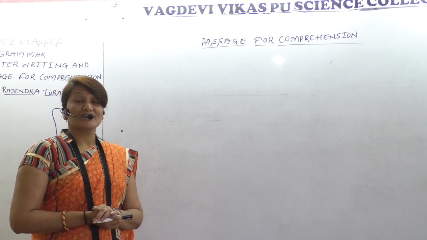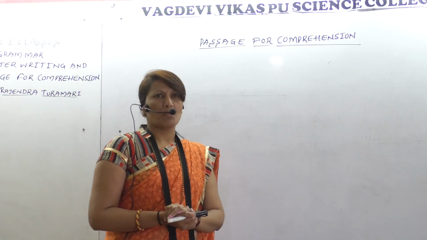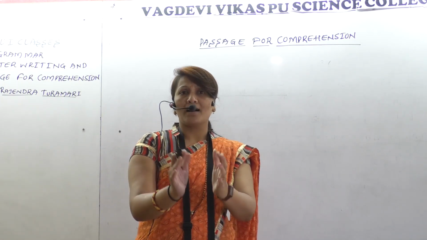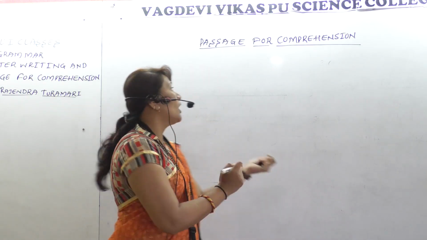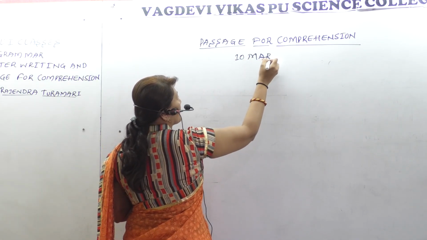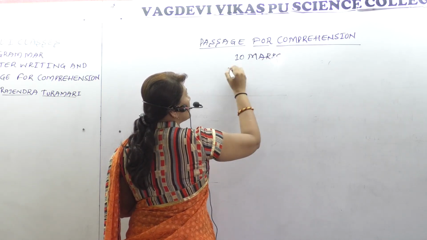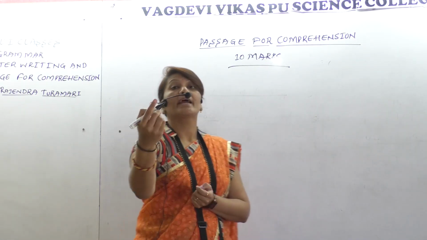Now let us see the next grammar part, which is passage for comprehension, which is a wonderful grammar part which will make you get how many marks? 10 marks. You can grab 10 marks from the passage for comprehension.